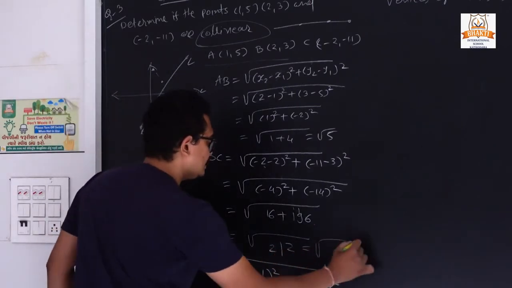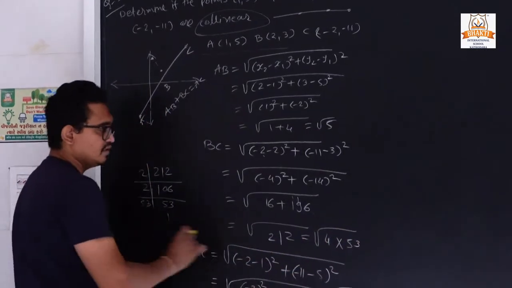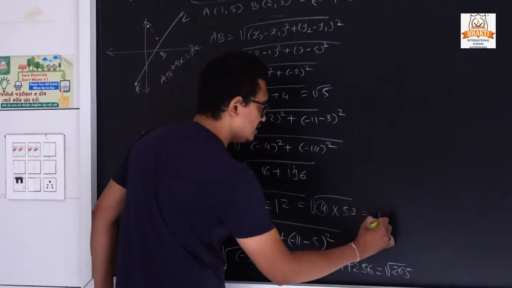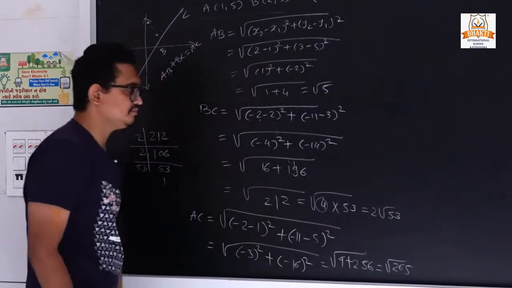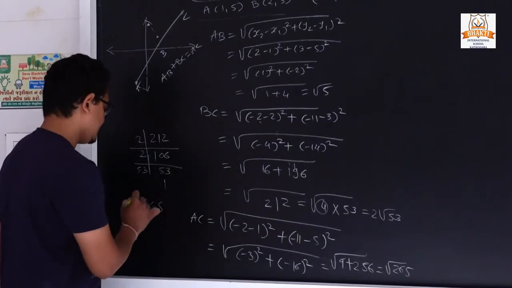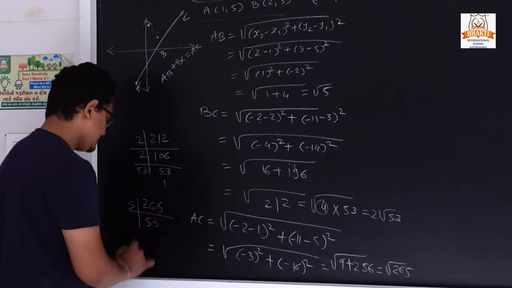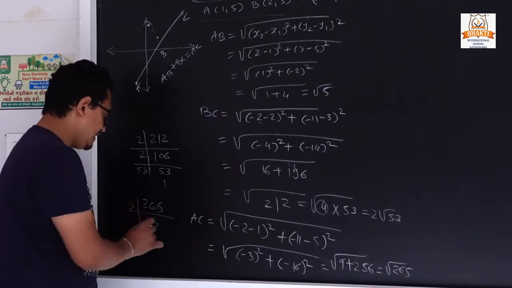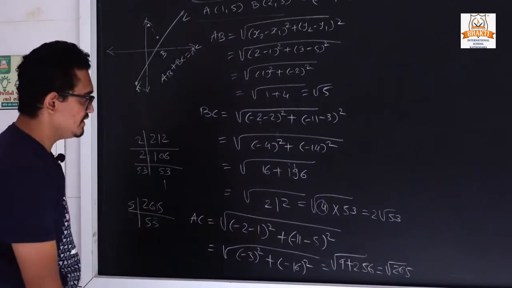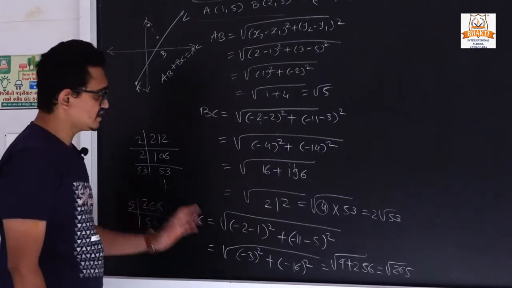So 212 is equal to 53 fours, and the square root of 4 is 2. So we get 2 root 53 and under root 265. 265 is divided by 5, 5 5s are 25, 5 3s are 15. So here 5 into 53, 53 5s are 265. But here we cannot take the square root of them.